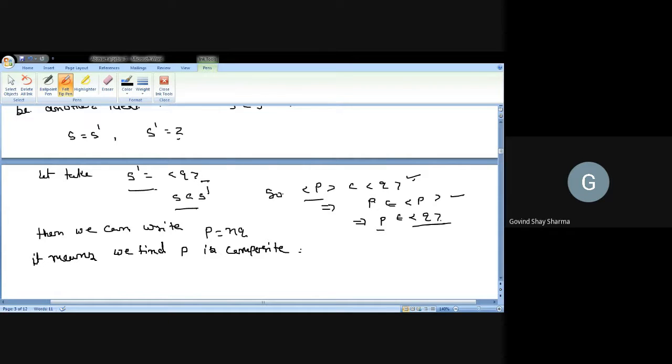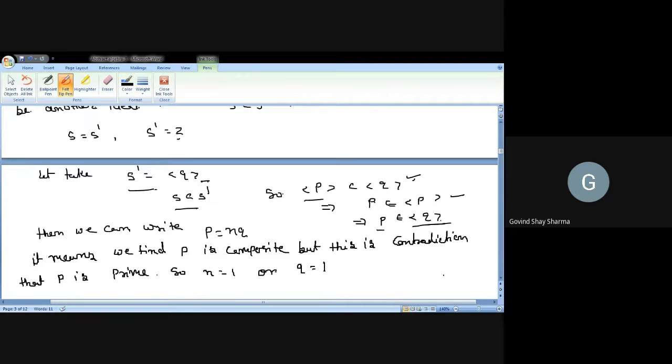But this is a contradiction that P is prime. So N is equal to 1 or Q is equal to 1.